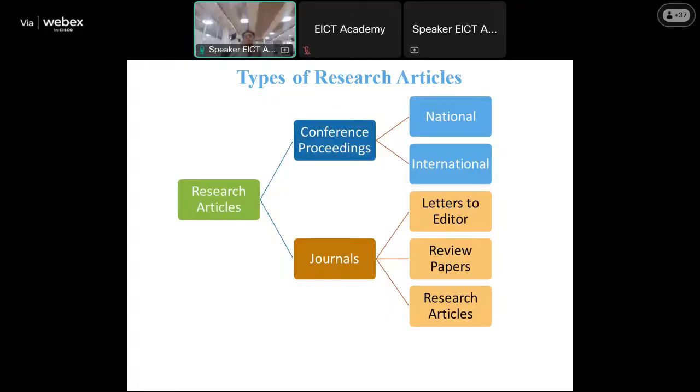So ultimately, your research article goes to a conference or a journal, where the conference is national or international, and the journal is either a review article or a research article.